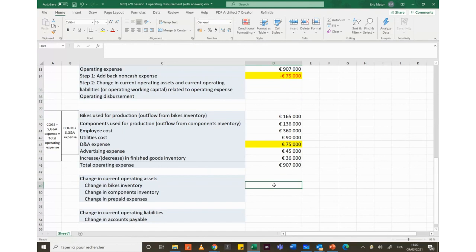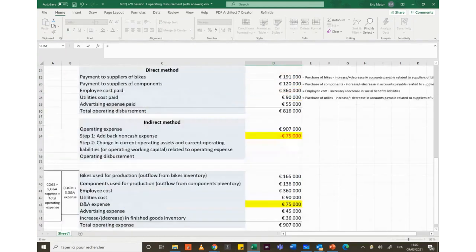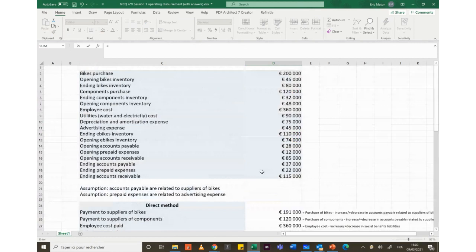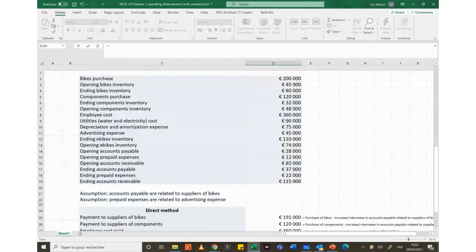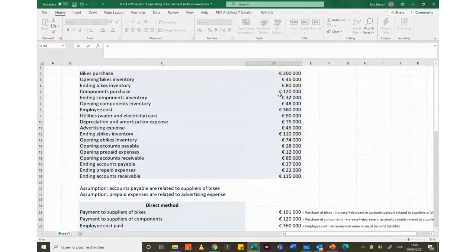So I will put directly the cash effect. So I put opening minus ending. Here, opening minus ending, because of the increase, it's a cash outflow. Okay. For the components inventory, I do the same. Opening minus ending.